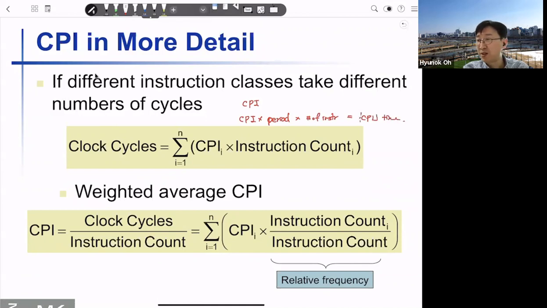So we can measure the CPU time, and we know how many instructions are executed, and we know the clock period, so CPI can be computed. In general, we don't know the CPI value, so instead we measure the other parts, and then compute the CPI.